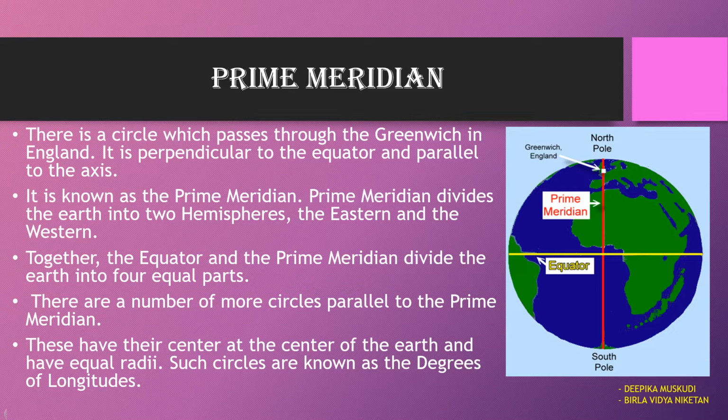Therefore, the longitude of a place is followed by the letter E for the east and W for the west, as we have done for the northern hemisphere as N and the southern hemisphere as S. It is interesting to note that the 180 degree east and 180 degree west meridians are on the same line.